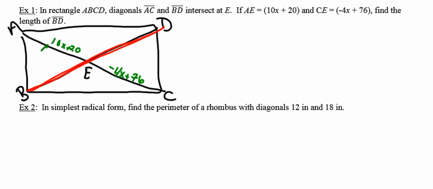So I know that the distance from A to E is the same as the distance from E to C. And likewise, I know that the distance from B to E is the same as the distance from E to D. Using the information that was given to me, because I have 2 segments that are congruent, I can go ahead and set their measures equal to each other. I'm going to start off by saying 10x plus 20 equals negative 4x plus 76.